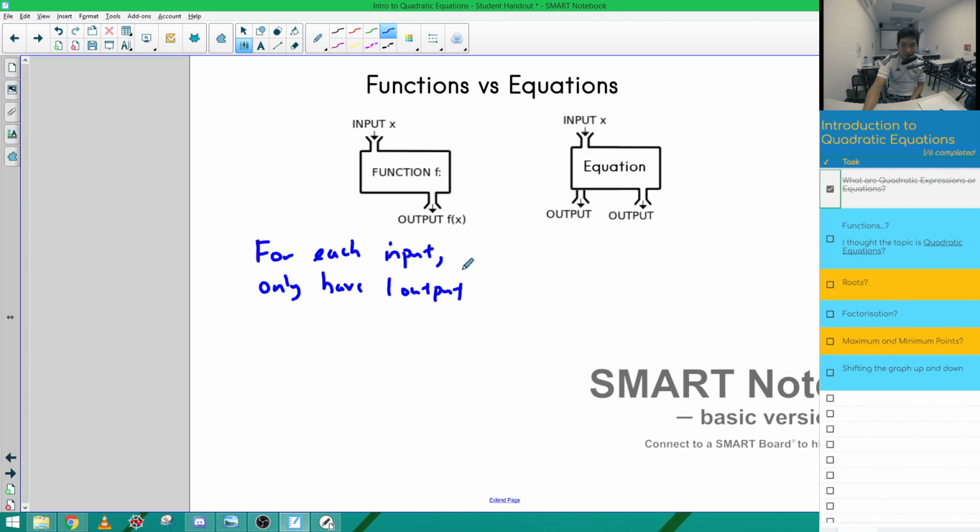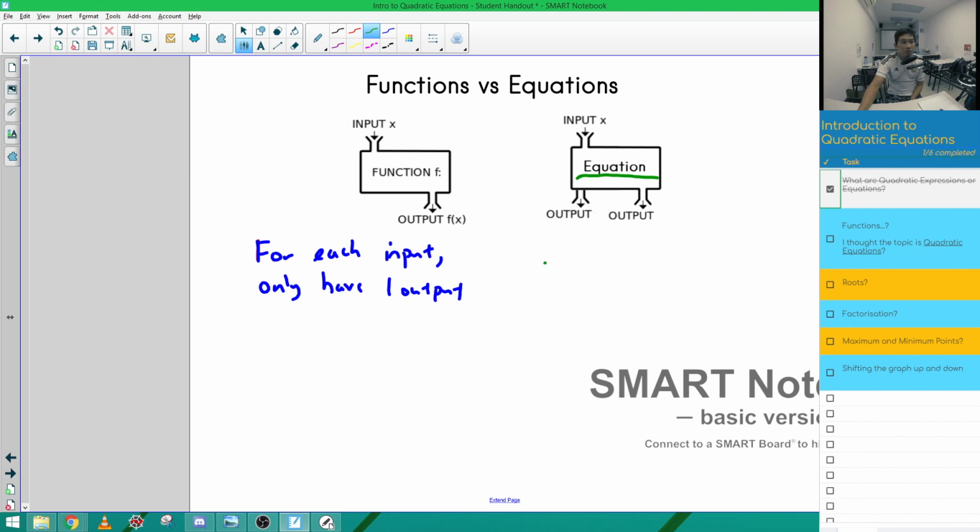Like if you put orange in, OJ comes out. You cannot put oranges in and then maybe OJ comes out and maybe orange cake can also come out. It only has one output. If you put one thing in, you get one thing out. Now, let's look at equations. Over here, we have a machine that's not a function, it's actually an equation. If you put something in, you might get two things out.